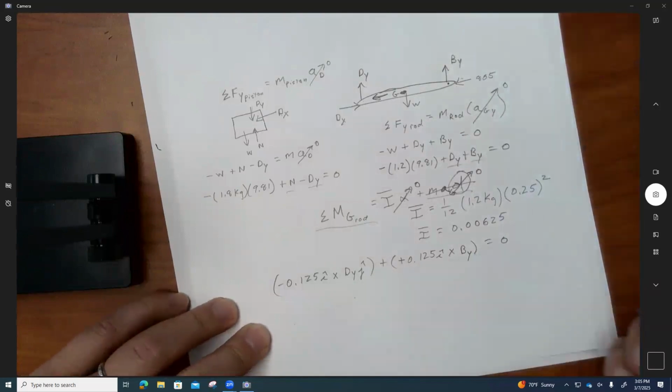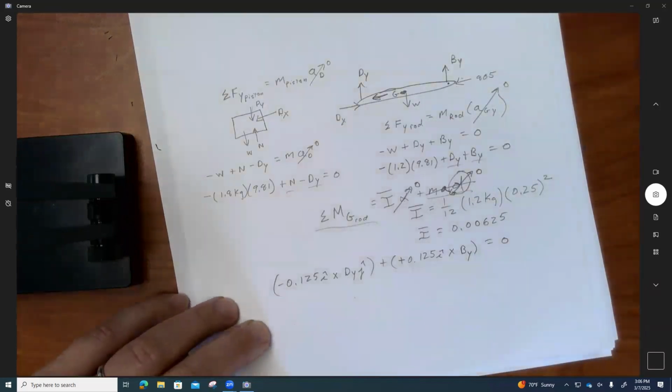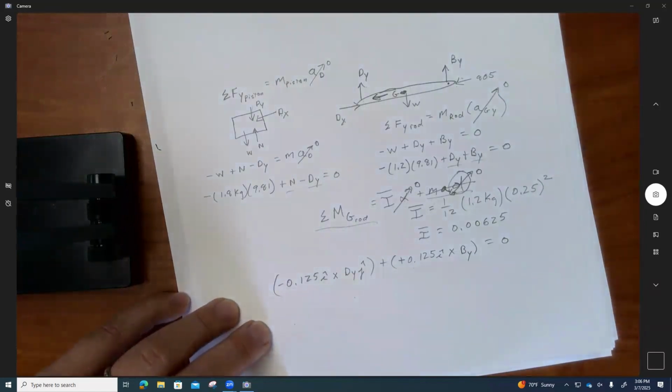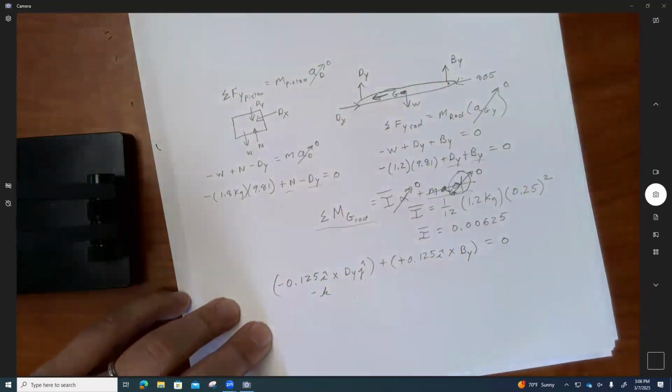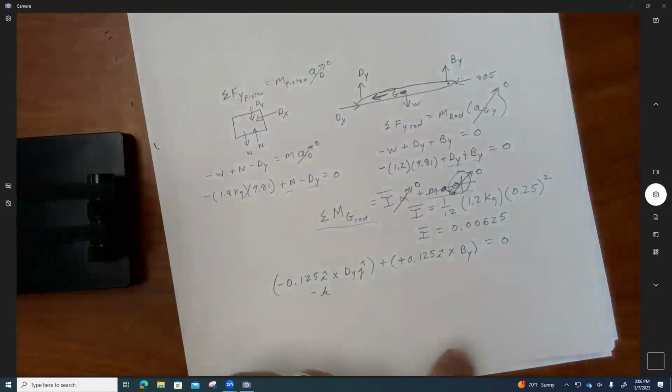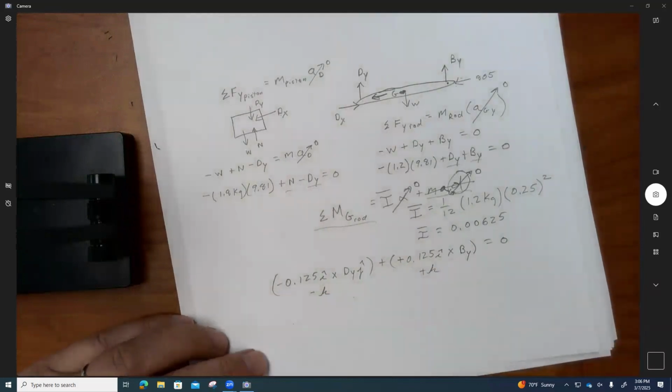If you work it out, we have minus i crossed with plus j, which gives a minus k component, and plus i and plus j, which gives a plus k component.